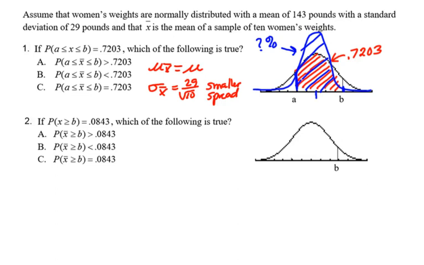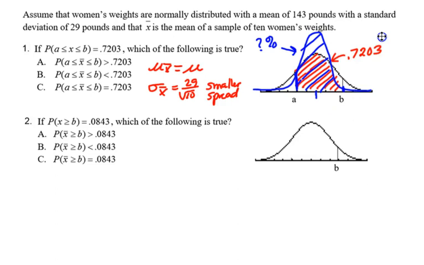Well, what might be helpful is to look at what's not under the curve, not between A and B. If we look at the area that's not between A and B, we see that it is less than the area that was less than A and greater than B before. So the area between A and B must be greater. And that makes sense because there is a higher proportion of mean weights that are closer to 143 than individual weights that are closer to 143.